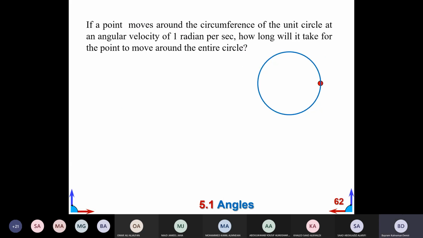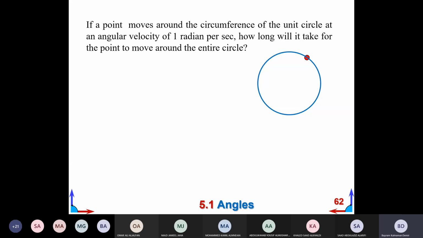Again, we have a circle. This time we have a unit circle, and a point is rotating around the unit circle. Now we have two speeds here. One is rotation speed, which is angular speed. Another is linear speed, right?